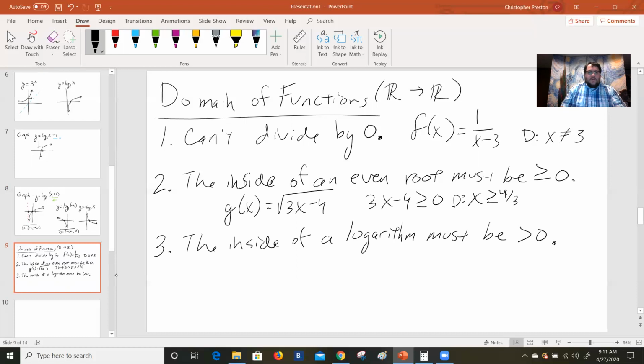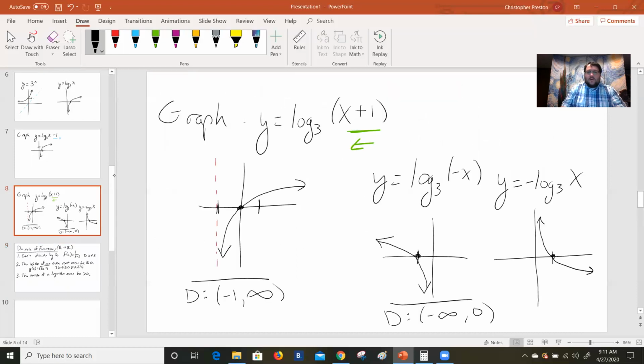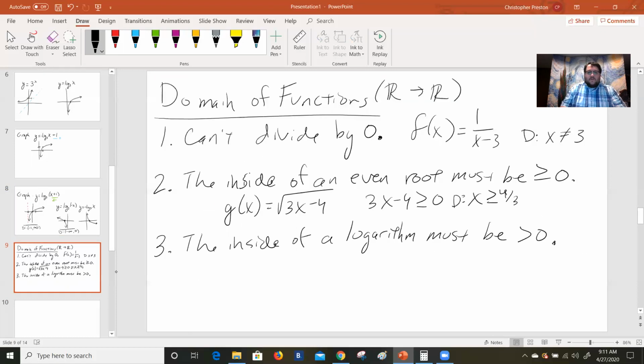So if I say I have h of x equals log base 3 of x plus 1, what I would do is take that x plus 1, that part inside of the log, and set it greater than 0. So my domain would have to be x is greater than -1. So -1 to infinity, not including -1 because it's not equal to. That's how you figure it.